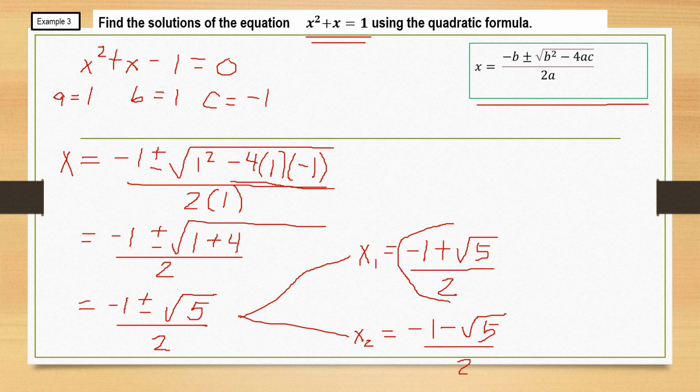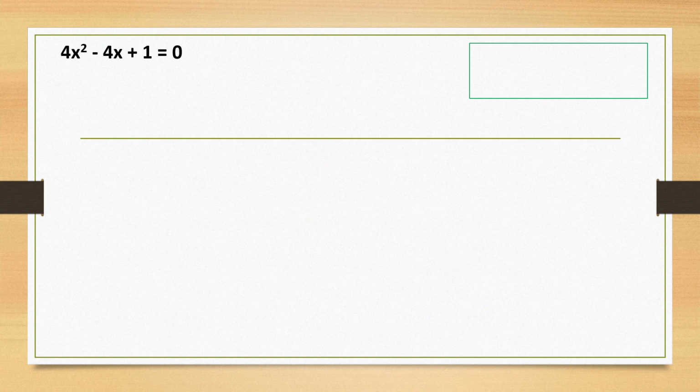So these are the two solutions of the quadratic equation. Negative 1 plus the square root of 5 all over 2 and negative 1 minus the square root of 5 all over 2. Next example.